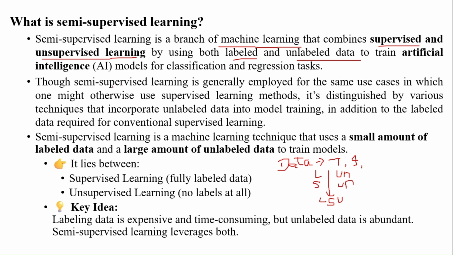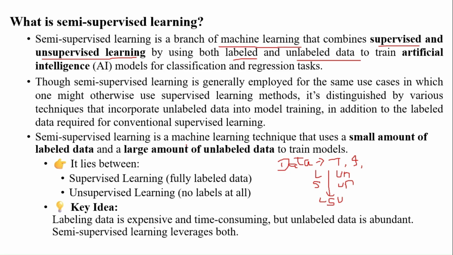Semi-supervised learning is in general employed for the same use cases in which one might otherwise use supervised learning methods. It is distinguished by various techniques that incorporate unlabeled data into model training, in addition to the labeled data required for conventional supervised learning.